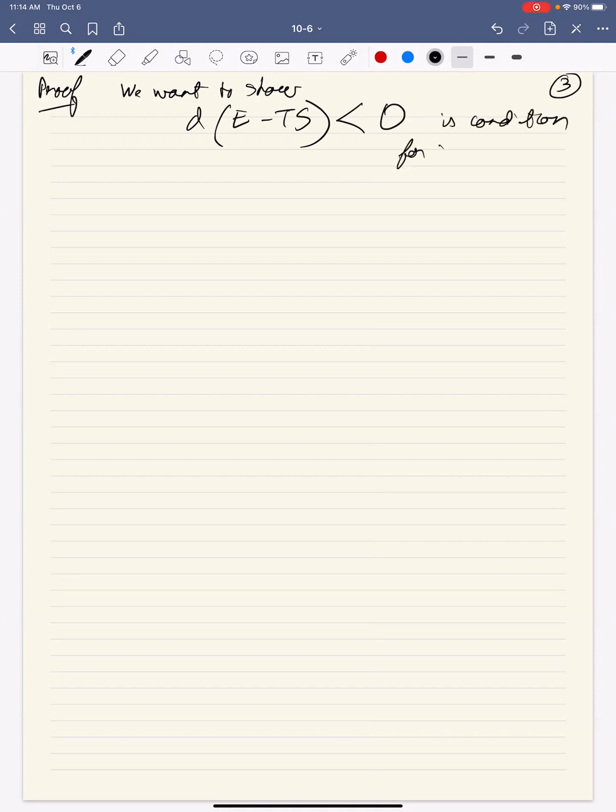So we want to show that d of E minus TS, where everything is for the system, okay? There is no surrounding, less than 0, is the condition for spontaneity at constant temperature and volume.